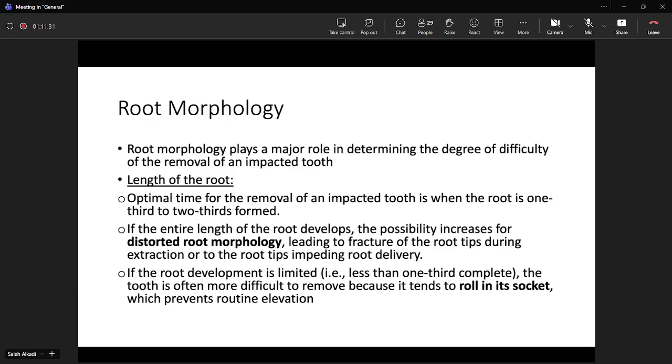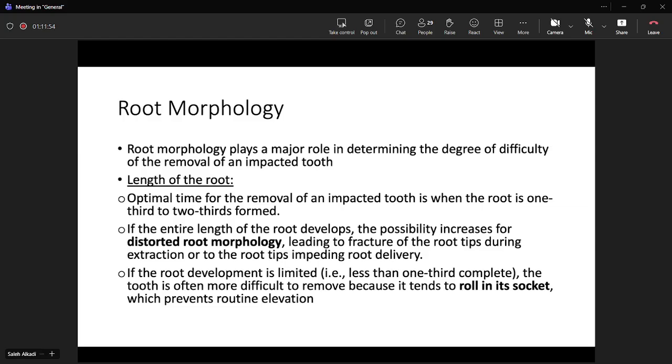Another important thing to look at when you classify wisdom teeth or predict the difficulty of extraction is the root morphology, not only the angulation of the tooth or the relationship to the surrounding structures. Root morphology plays a major role in determining the degree of difficulty of removal of an impacted tooth. One important thing here is the length of the root.